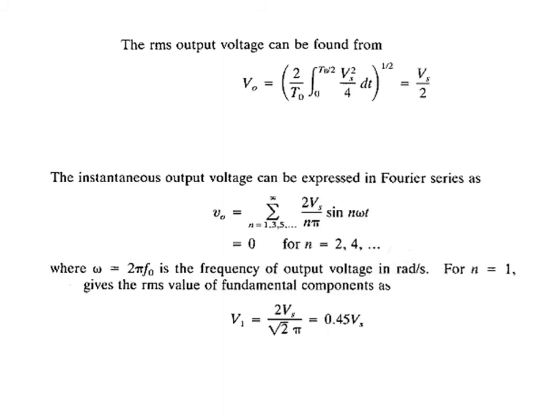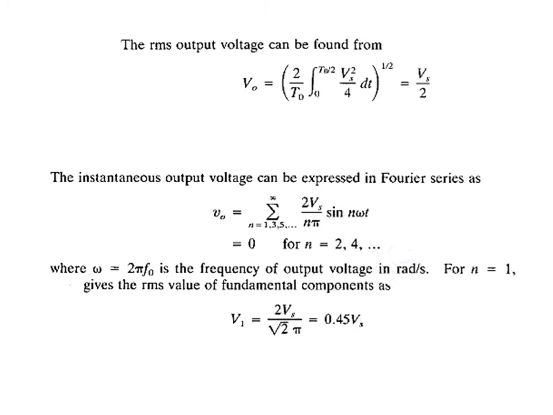The instantaneous output voltage can be expressed in Fourier series as V0 is equal to summation n is equal to 1, 3, 5, 7 to infinity 2Vs divided by n pi sine omega t. It will be equal to 0 when n is even, that is 2, 4, 6, 8, and so on.